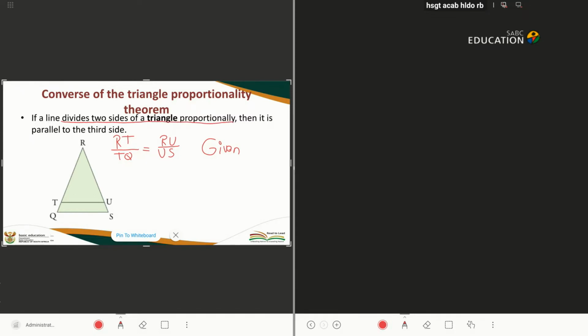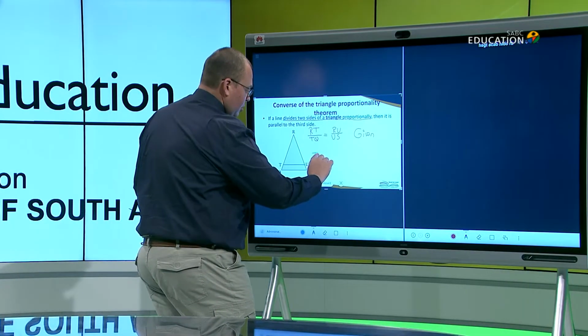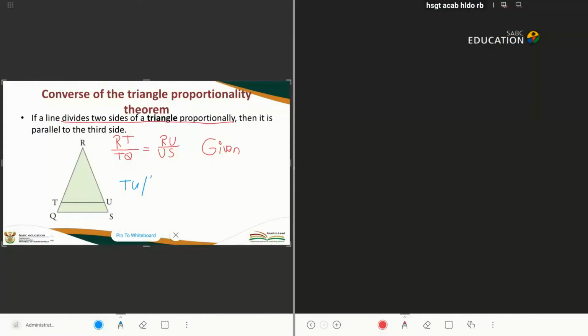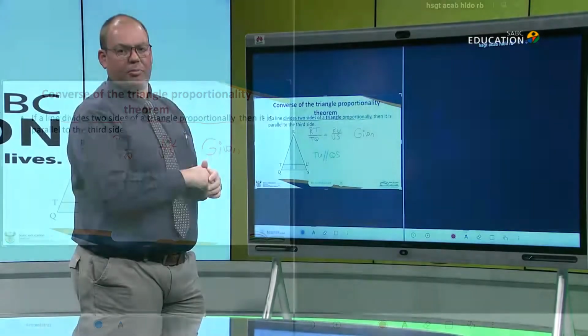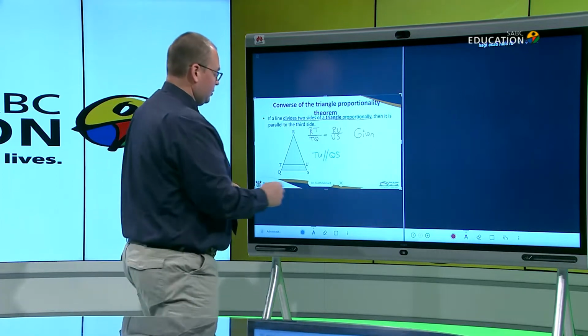Therefore, what will your conclusion be? Your conclusion will be that TU will have to be parallel to QS. So they can even ask you to prove that two lines are parallel, and then you know that you can use proportionality to prove that two lines are parallel.